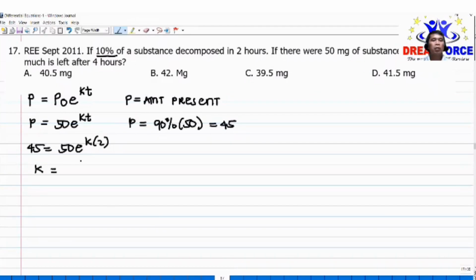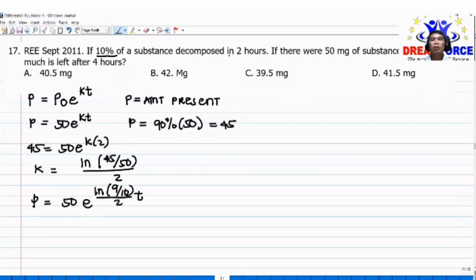So K is equivalent to ln of 45 over 50 divided by 2. Negative pa rin yan. So therefore, P is equal to 50 e raised to ln of 9 over 10 over 2 times time.